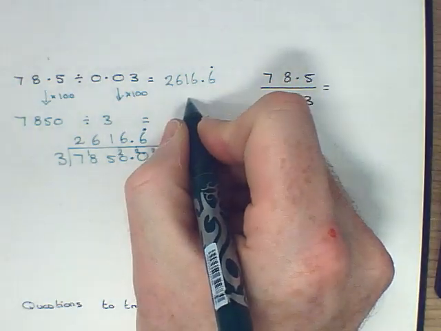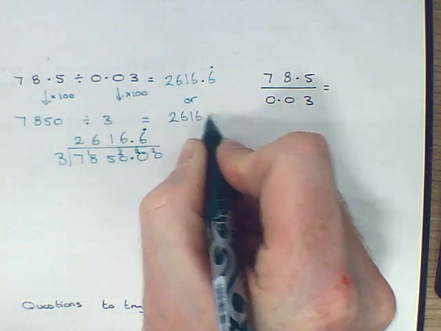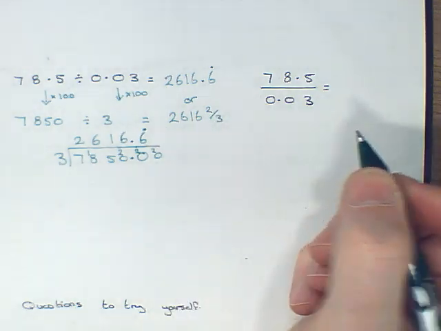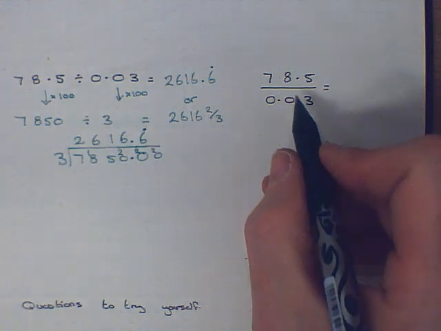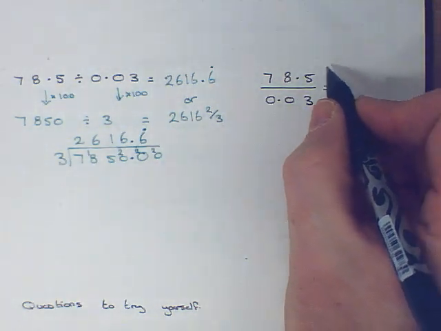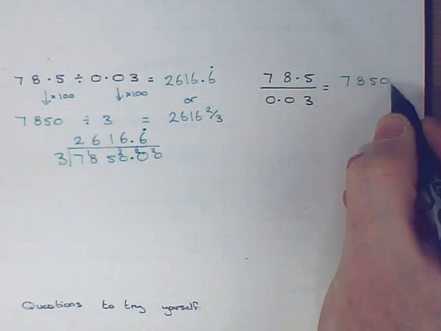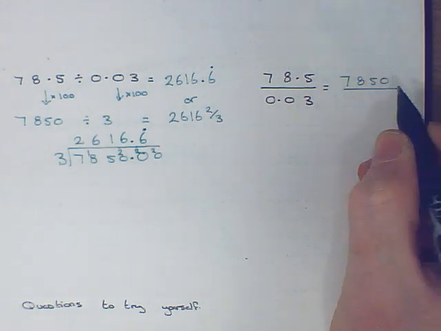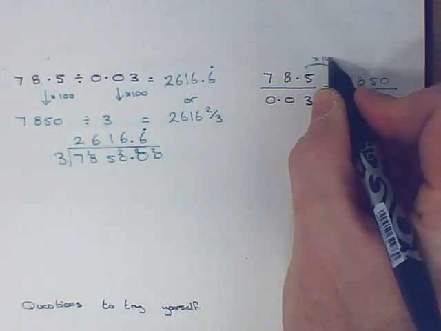Okay, or if it's asked you to leave it as a fraction, 2,616 and 2/3. Equally, we're going to get this here as well as a fraction. To make it equivalent, we're going to have 7,850 over 3, because we've multiplied both of these by 100.